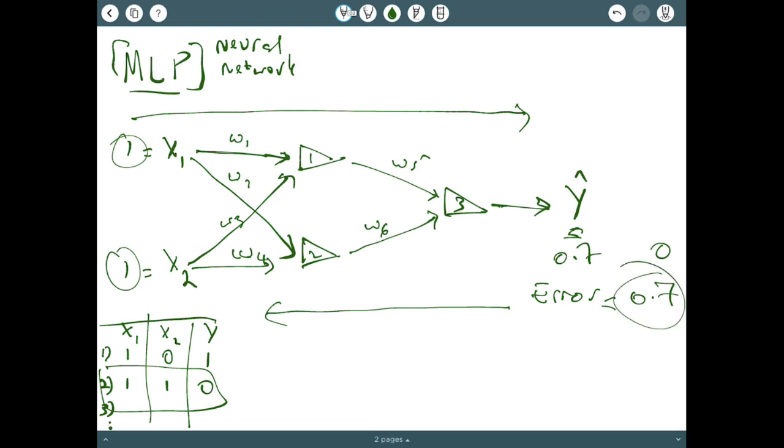As it's going back through the network, and you'll see in the blog post a little bit later, there are some mathematical functions, and the maths is there for how these weights get adjusted. But basically what happens is W5 will get adjusted by a tiny amount, call it delta. W6 will get adjusted.